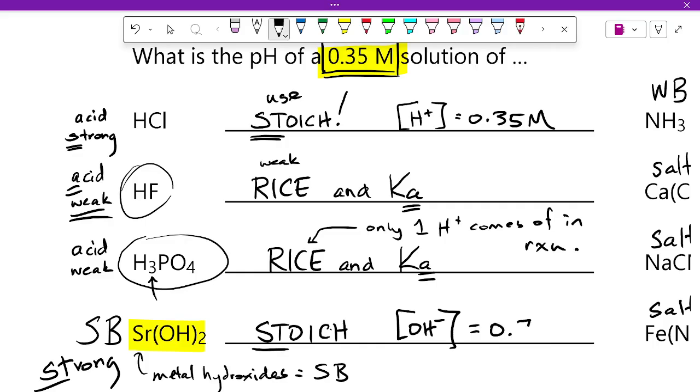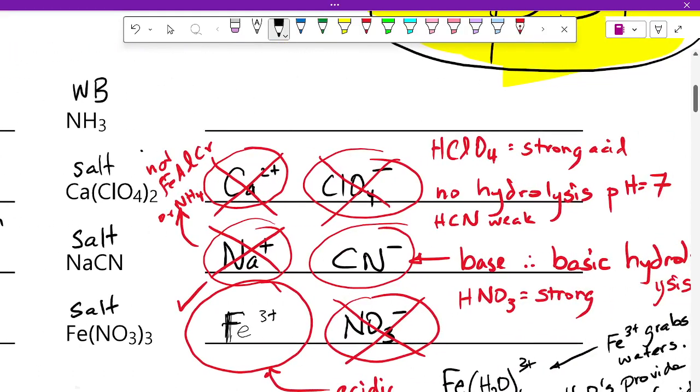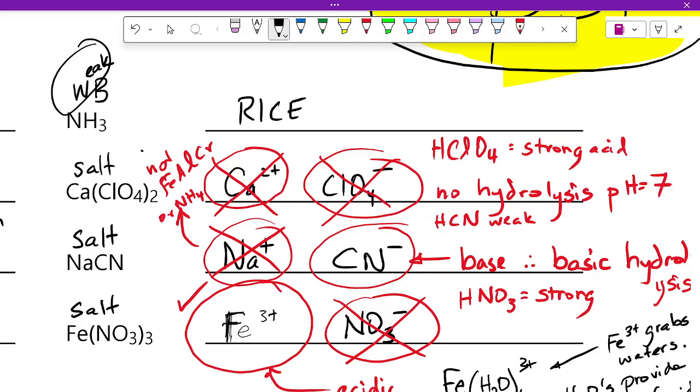Why is it 0.7 and not 0.35? Because there is a 2 there. Weak base. It's weak. What tool should we use? RICE. It's a base. What tool should we use? Kb.